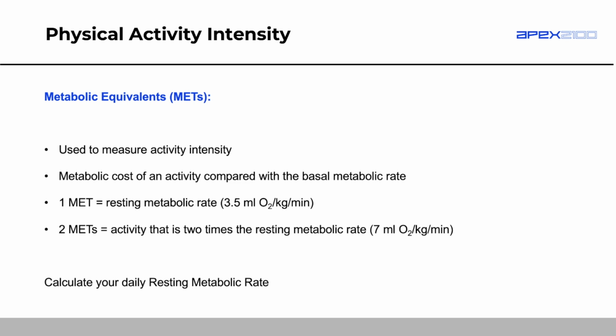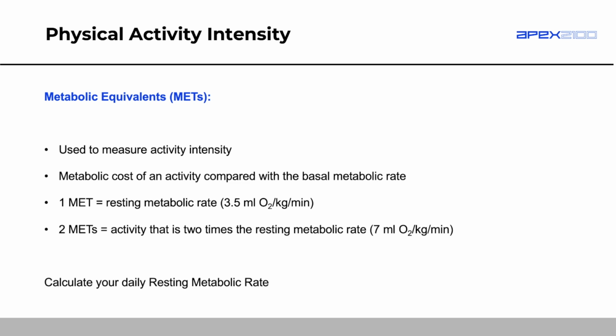They're the same thing in this context. So 1 MET is your resting metabolic rate. It's the amount of calories or of energy that you burn just resting, doing nothing. So if I lied down for 10 minutes and calculated how much I was burning in terms of calories, that's the equivalent of 1 MET.